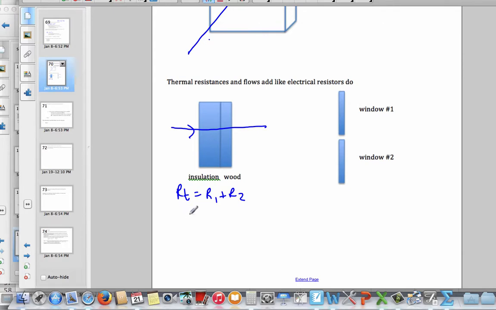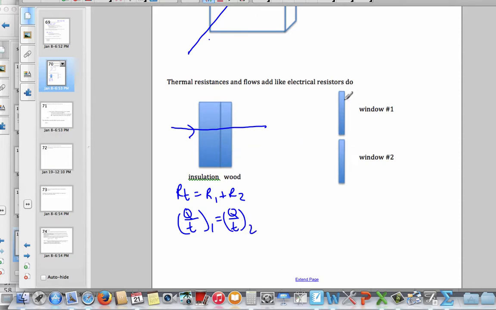In electricity, that would be a current. Here, it's going to be heat over time. So instead of charge over time, it's heat over time. So you've got the same amount of thermal energy flow per unit time through both materials.